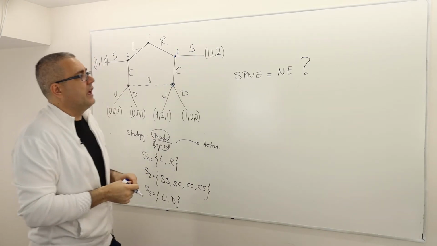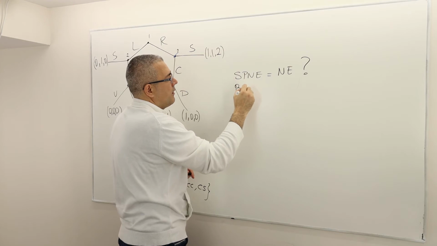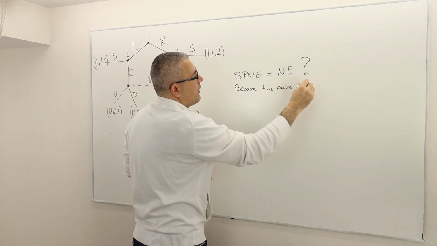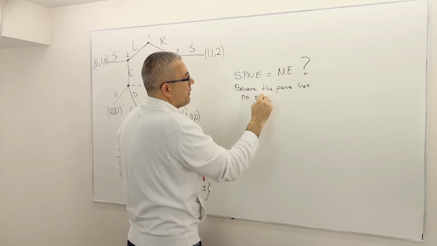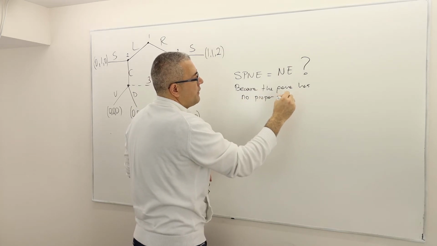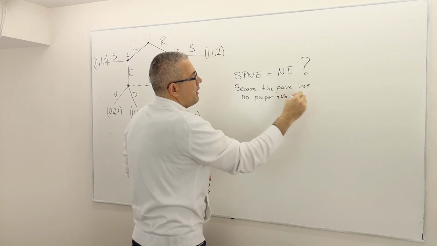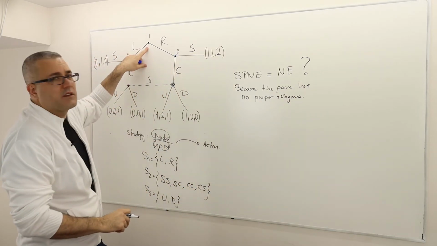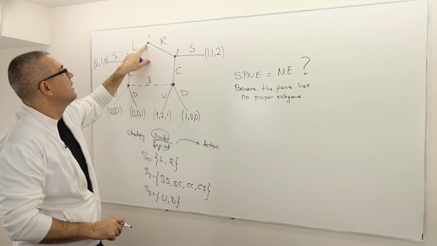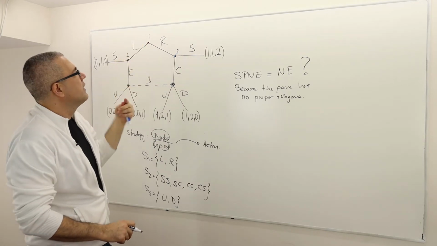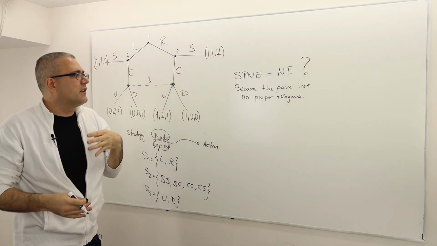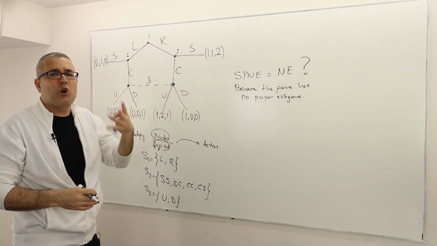Because this game has no proper subgame. Remember the definition of a proper subgame? It means the subgame that does not start with the initial decision node. So basically the game itself is a subgame, but it's not a proper subgame.